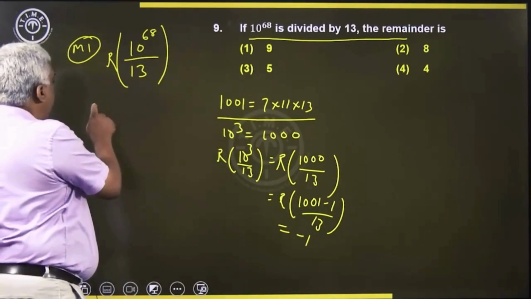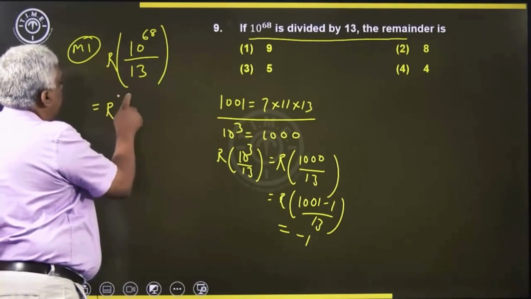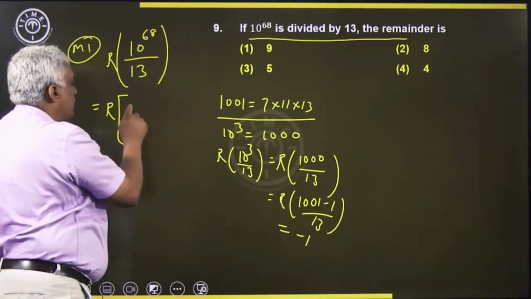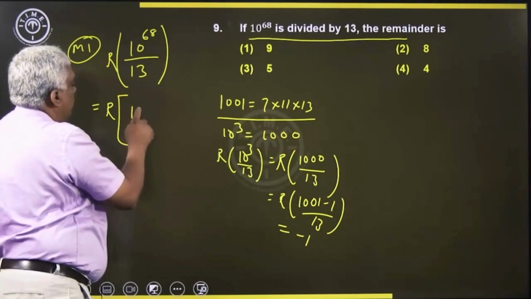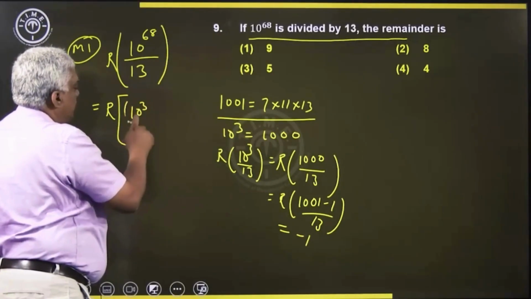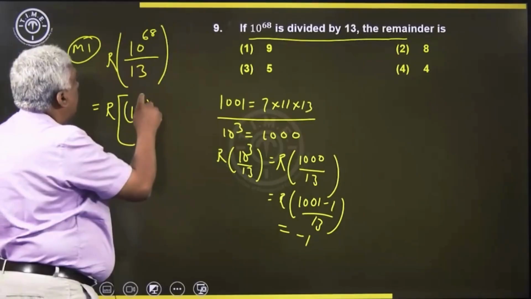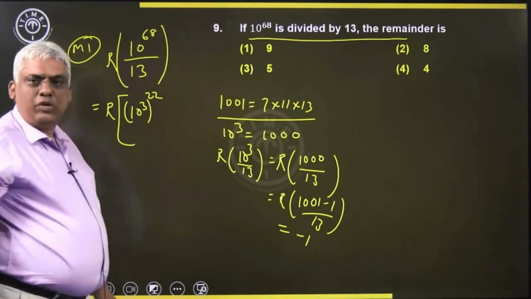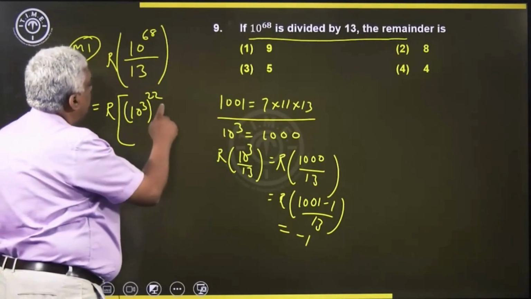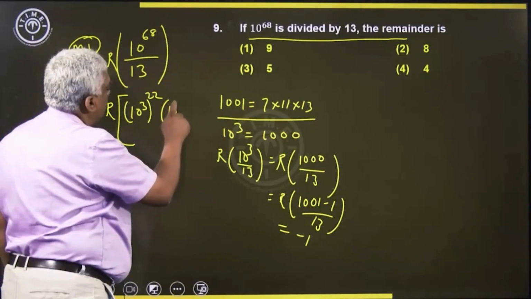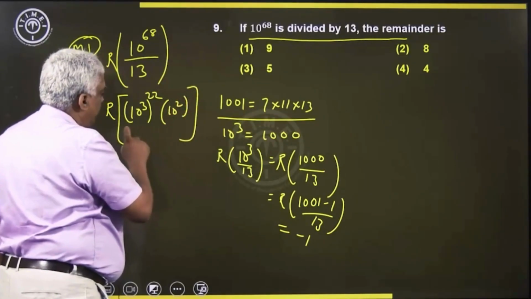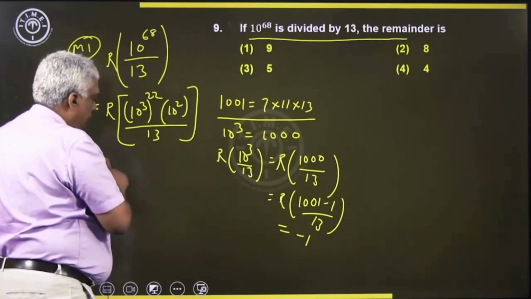Now, we can write 10 to the power 68 as 10 to the power 3, to the power 22, that is 10 to the power 66, and here we are left with 10 square, and this is divided by 13, right.